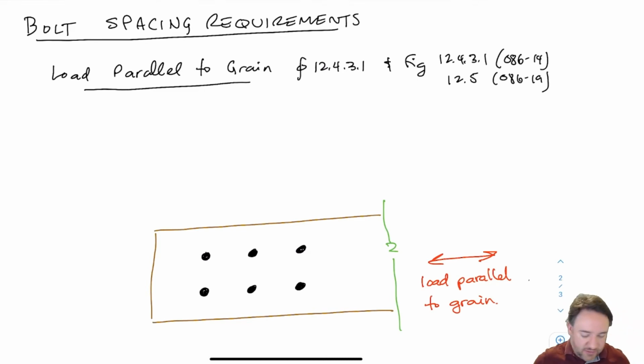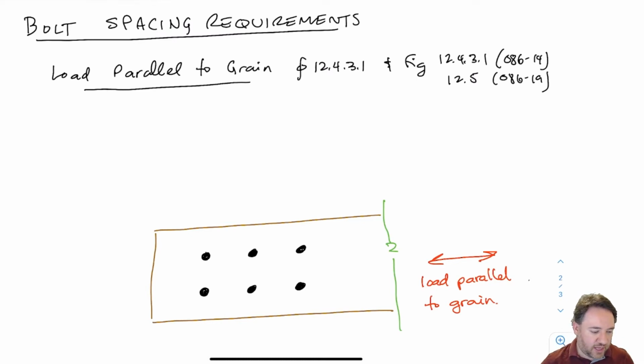So here I have my piece of wood and I have my bolt, and the bolt is either pushing towards the end or pushing towards the center of the piece. So if the bolt wants to move this way or the bolt wants to move this way, that's what we're talking about. In the standard, they have different figures for tension versus compression.